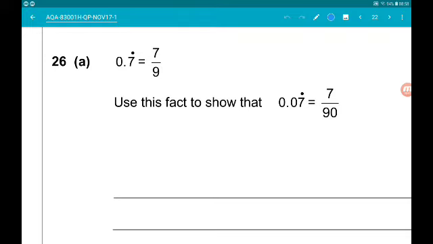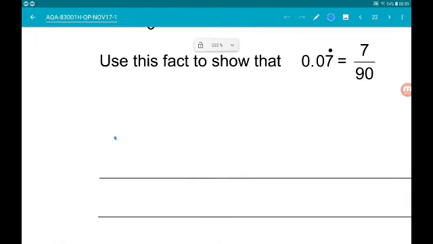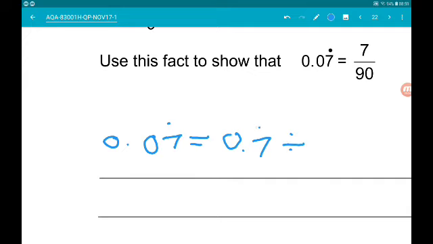So we are told that 0.7 recurring is 7/9. We want to use this fact to show that 0.07 recurring is 7/90. So 0.07 recurring is 0.7 recurring divided by 10.